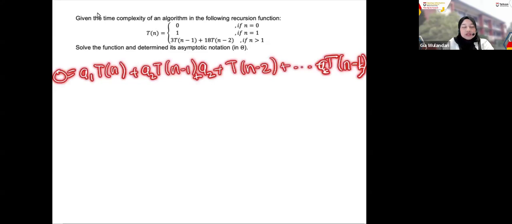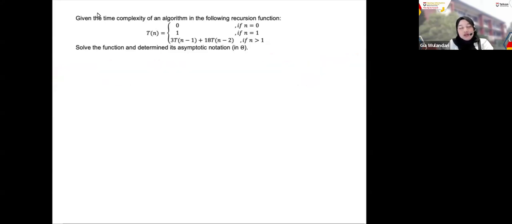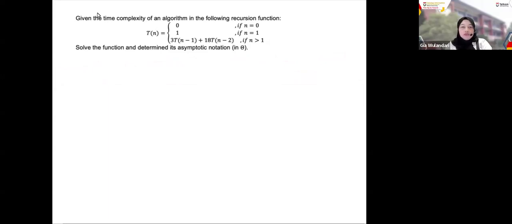From this kind of equation, we can get a characteristic equation, and we can solve it to find the non-recursive form of the relation we have.